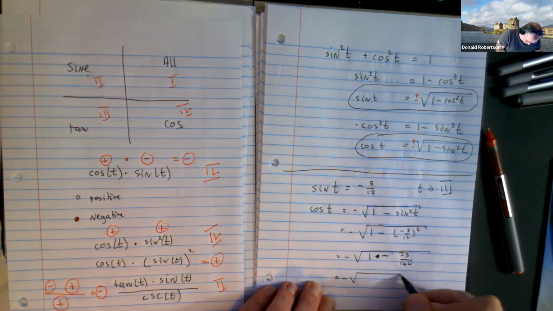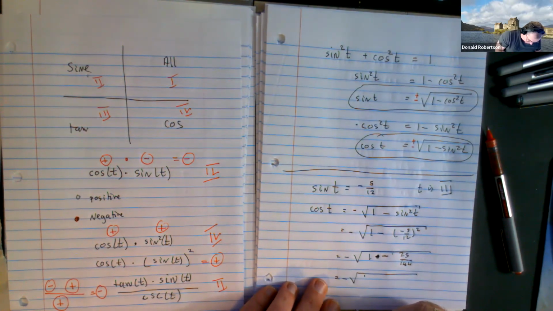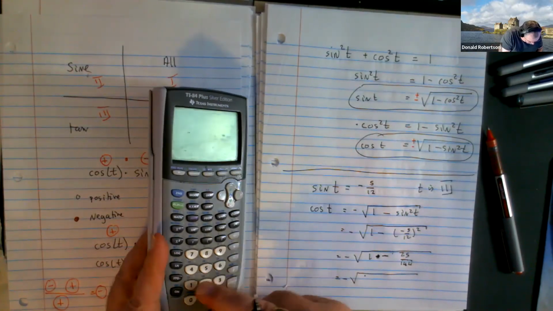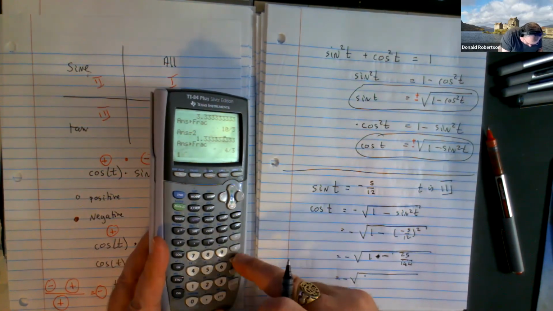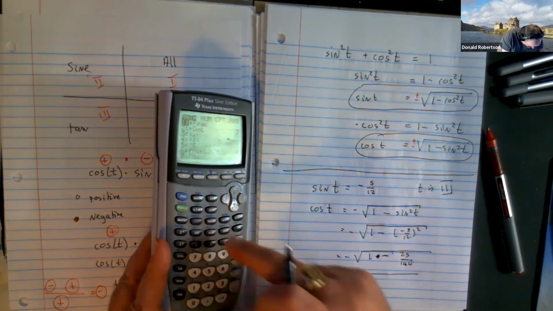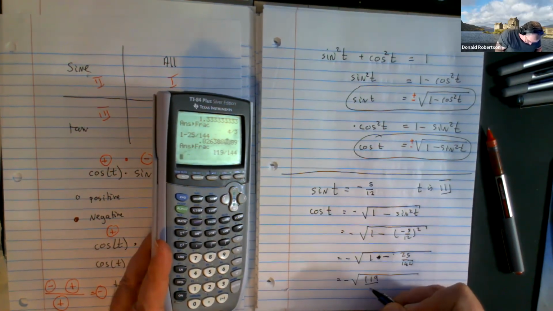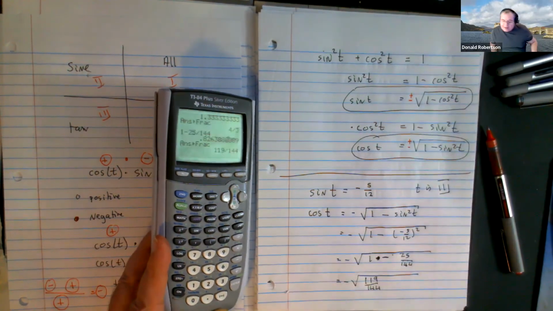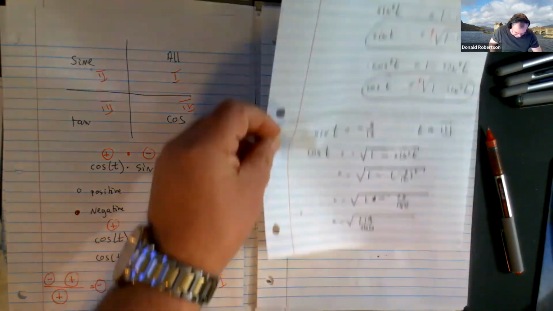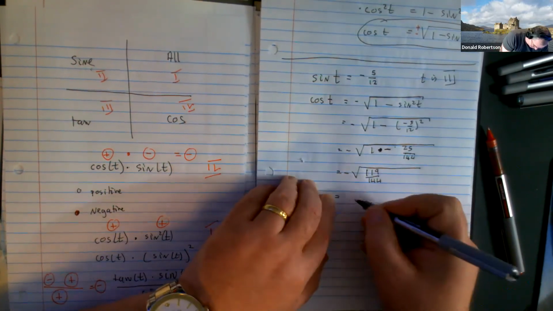And that's, what is that? 1 take away 25/144s. And then math fraction. It's 119/144s. You would have guessed that. Are you still with me? Here goes. I want this to look pretty.